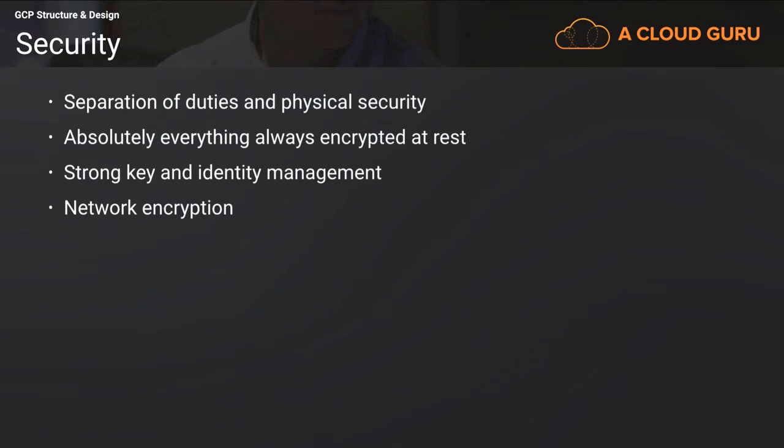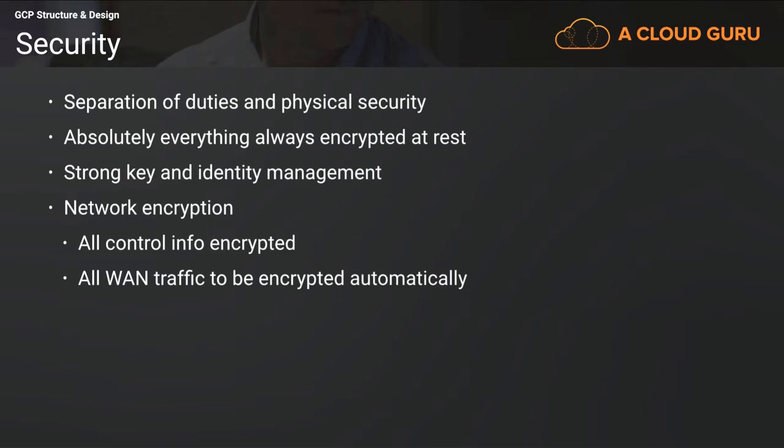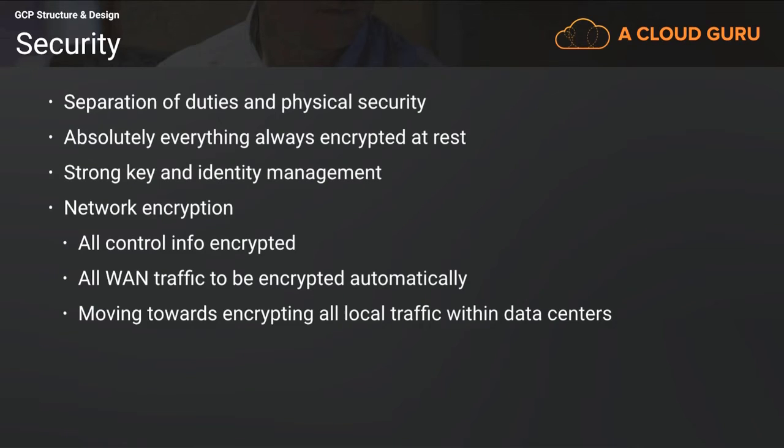Network encryption is another thing to think about. All control information with GCP services is always encrypted, and all wide area network traffic between regions will soon be encrypted automatically. They're also moving towards encrypting all the local traffic within the data centers. But even with all of the network security stuff, the general model is to distrust the network.